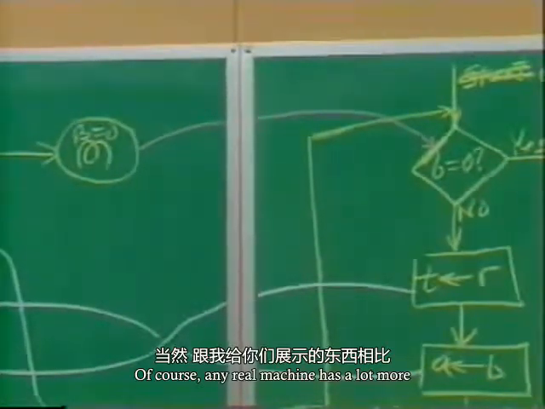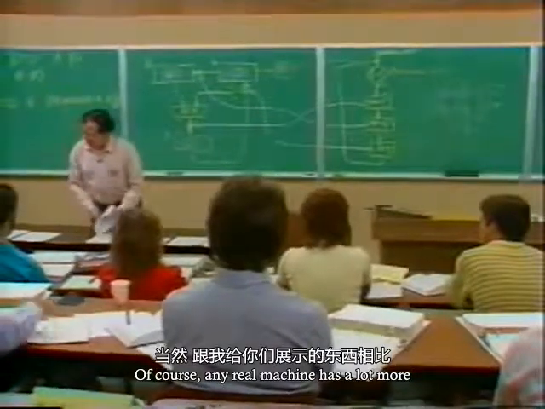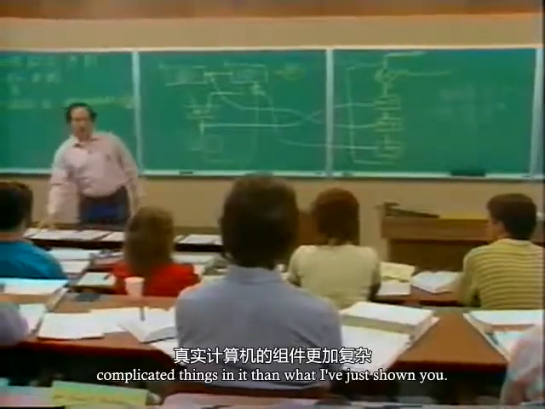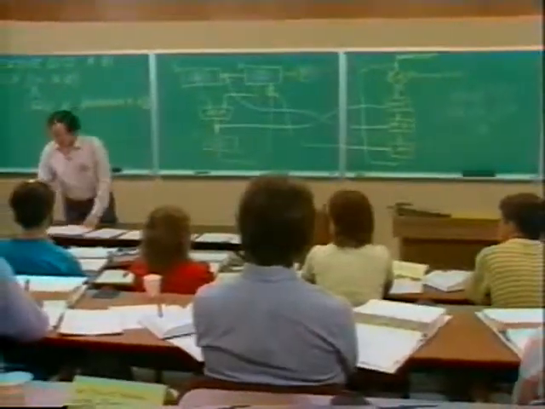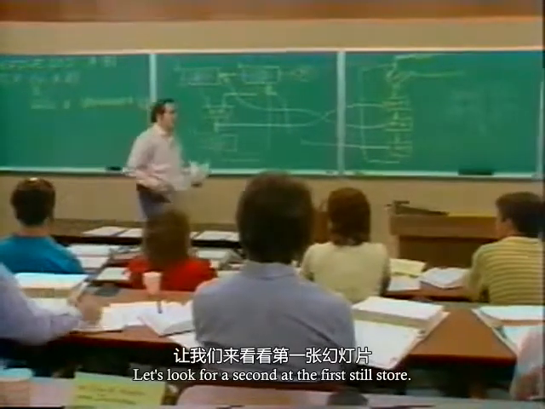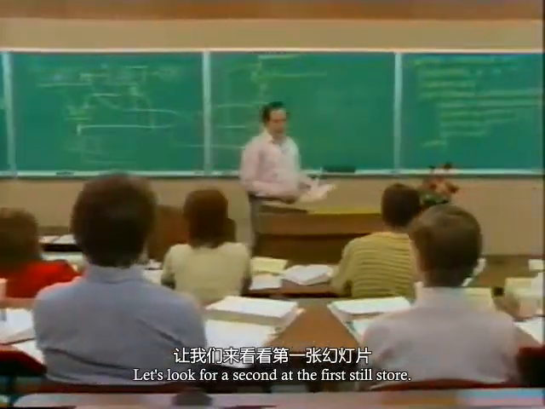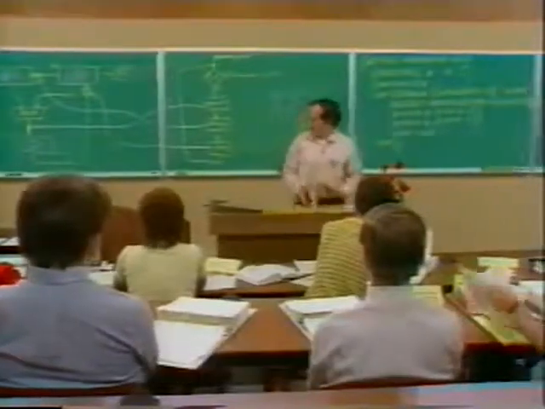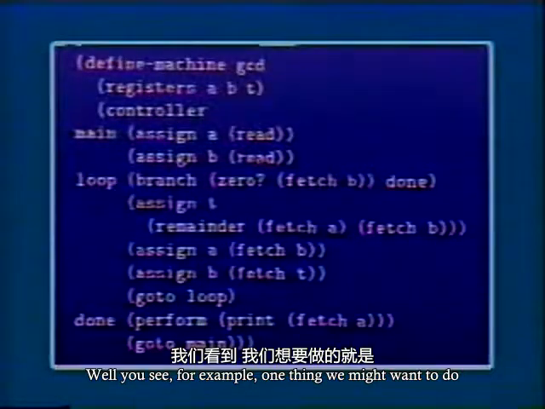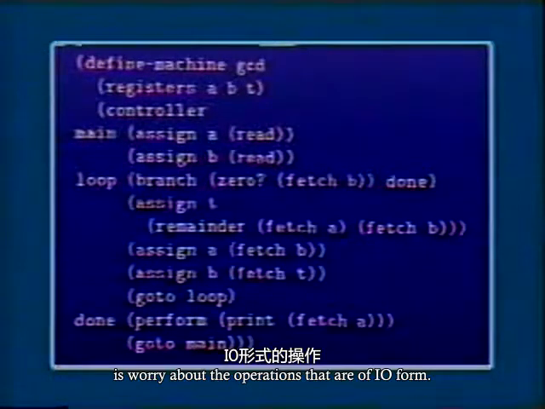Of course, any real machine has a lot more complicated things in it than what I've just shown you. Let's look for a second at the first still store. For example, one thing we might want to do is worry about operations that are of the I/O form.